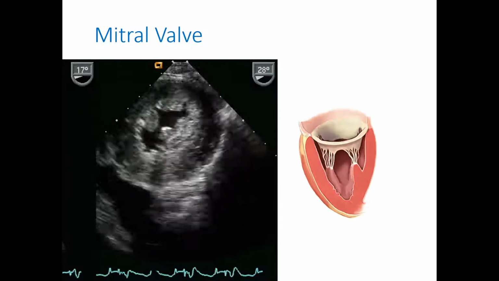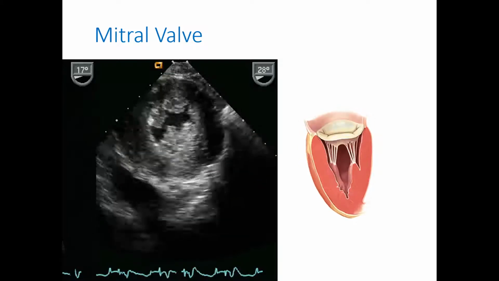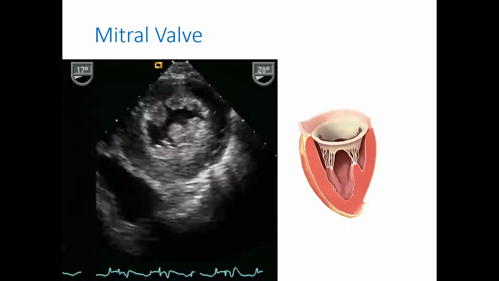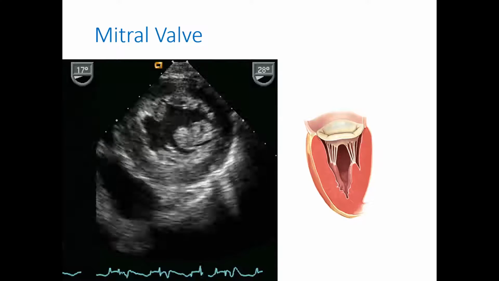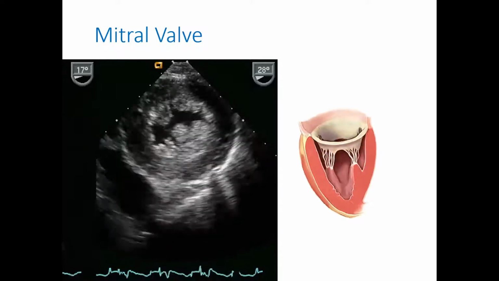The other way is to develop a clot that moves to an area in the brain and blocks off blood supply. Those are the two most common causes of strokes.